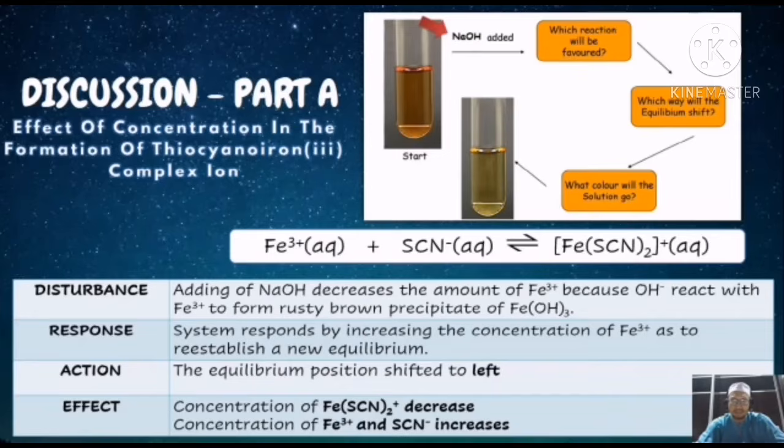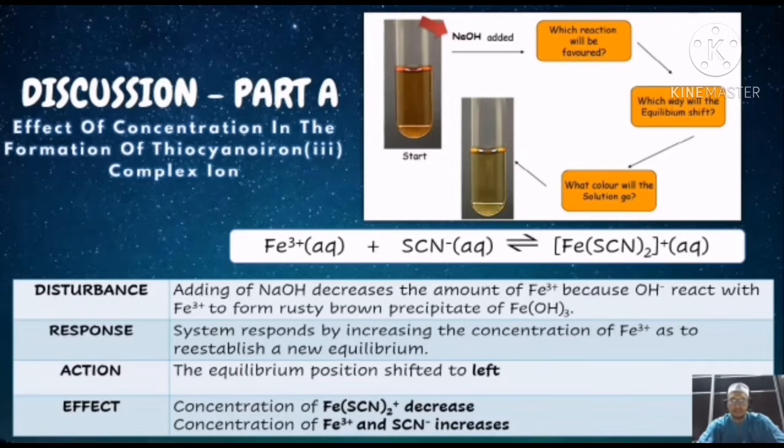what happens is that sodium hydroxide decreases the amount of iron(III) ion, because hydroxide ion reacts with iron(III) ion to form a rusty brown precipitate of iron(III) hydroxide. The system responds by increasing the concentration of iron(III) ion so as to re-establish a new equilibrium.